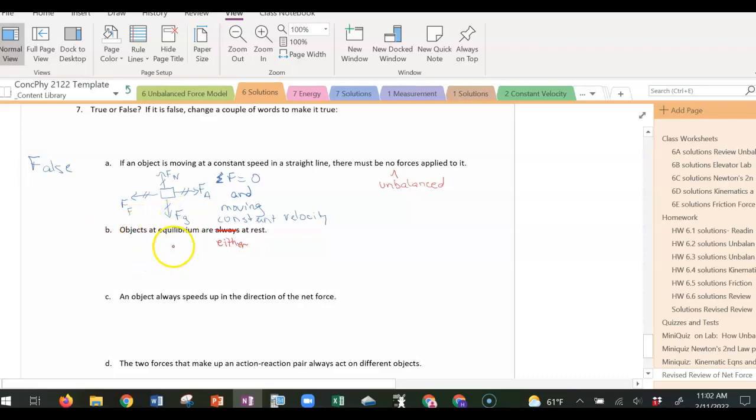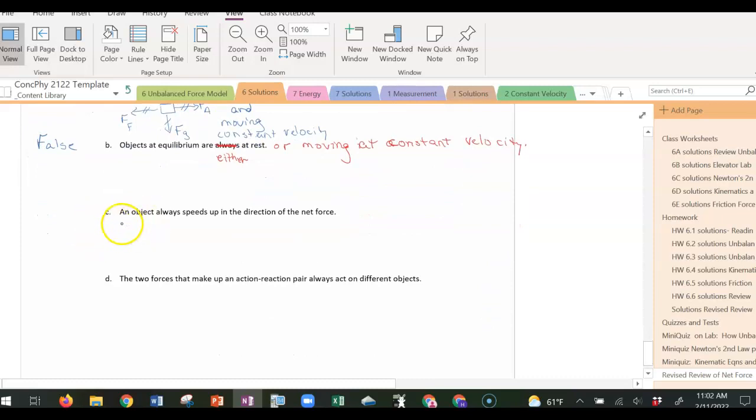So objects at equilibrium are either at rest or moving at a constant velocity. Those are the two scenarios for when net force is equal to zero. Okay?